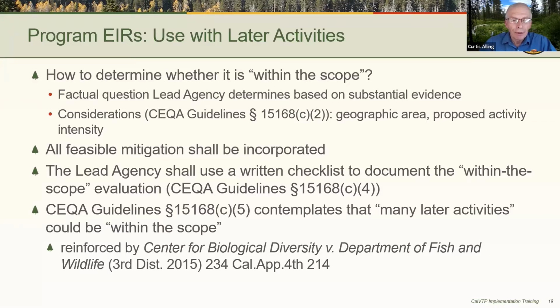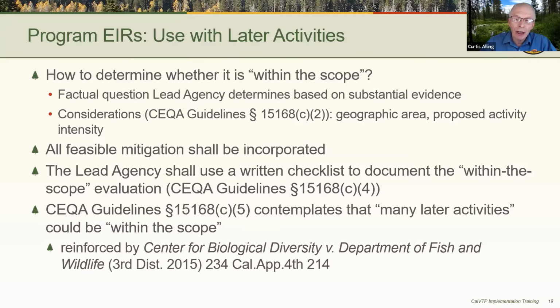The determination of within the scope is done with a written checklist according to the guidelines. And the guidelines really contemplate that a program EIR, well written, can be used for many later activities that are within the scope. Importantly, this has been validated in the appellate court in the court case Center for Biological Diversity versus Department of Fish and Wildlife. This program involved the fish stocking program of the department and its hatchery system.